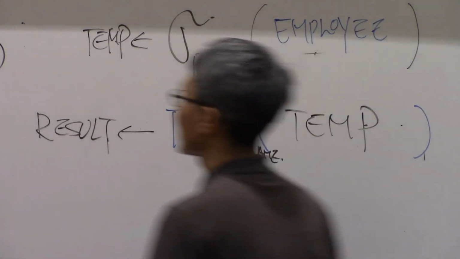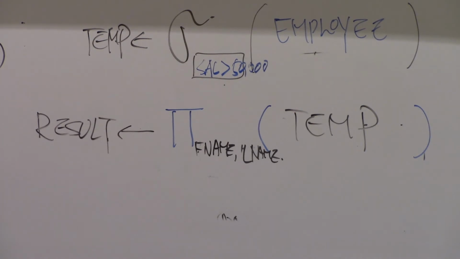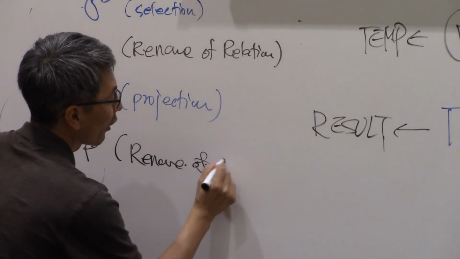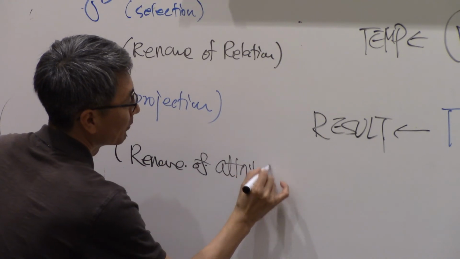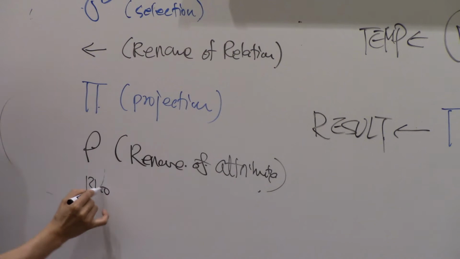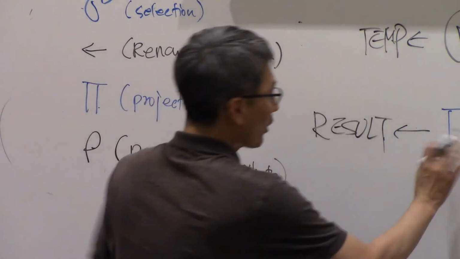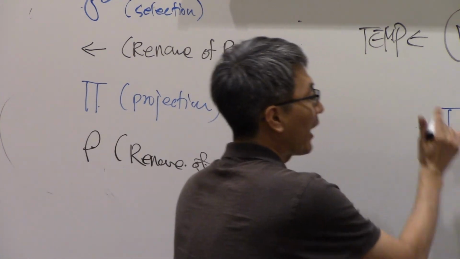So to address that problem, there is another relational operation, that is the rename of the attribute. It's a code. Okay. So we use a lot of Greek letters. So we are going to use the rho. Rho is like this one. So I want to rename the F name, L name.